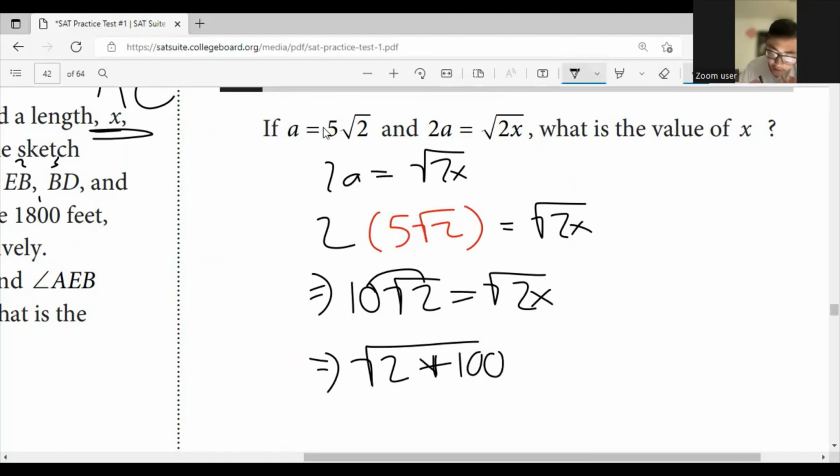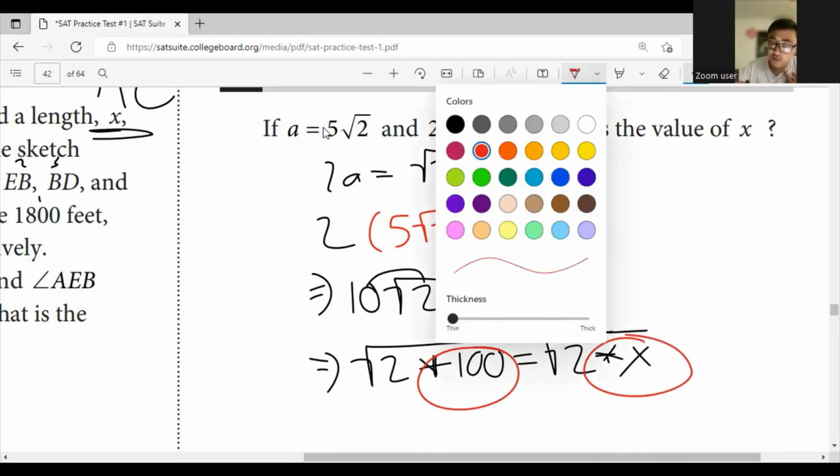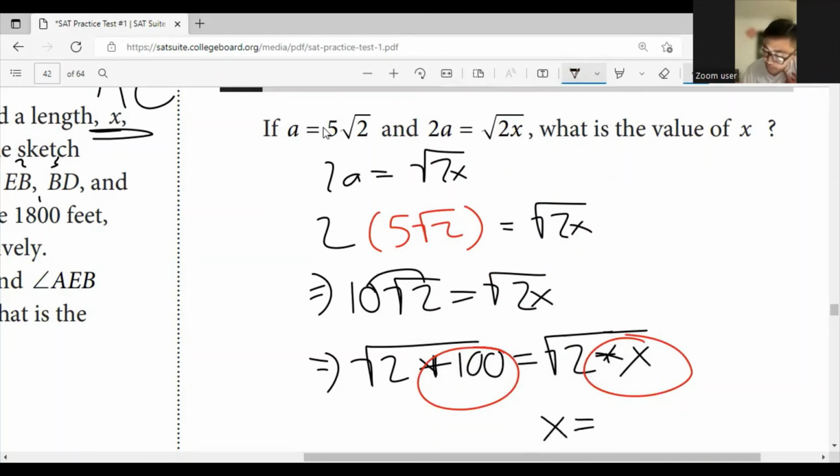I'm just going to bring it back in, so 100 times 2 equals the square root of 2x, which is the same as 2 times x. I'm going to compare these together. I see it's 2 times 100 and 2 times x. These should be equal to each other. So x is equal to 100. And you're done.